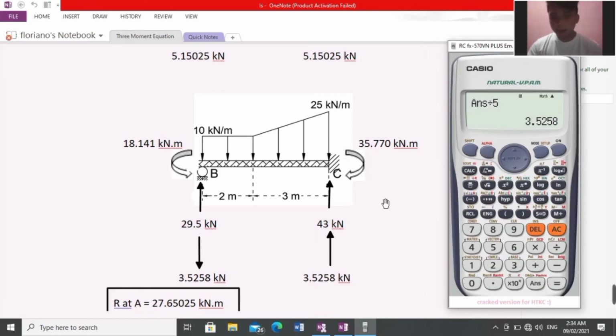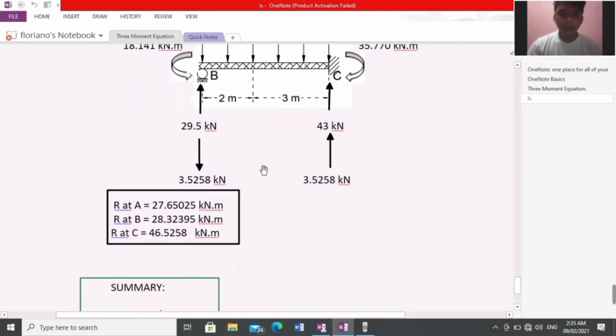So, kung napapansin nyo, mas malaking ang value nitong moment na 35 kaysa sa dito sa 18.141. So, this is clockwise. So, malalaman din natin kung ano yung direction ng couple natin. Kung ito clockwise, dapat yung couple natin is counterclockwise. So, ganun lang, di ba? Nahanap na natin yung value.